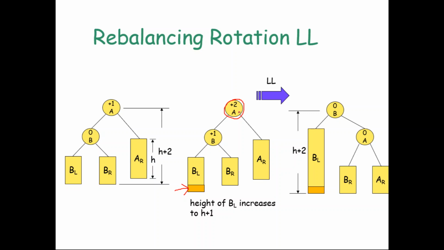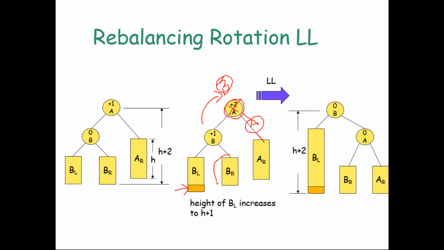When you perform a right rotation on A, what will happen? B will come up, here you will get B, and A will go down. AR will remain as the right child of A. But when B comes up, where will BR go?